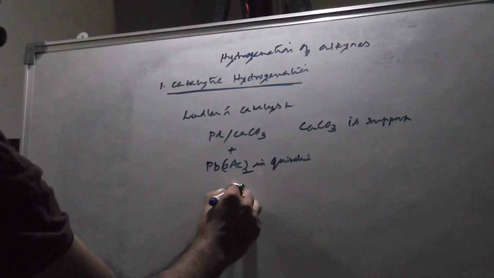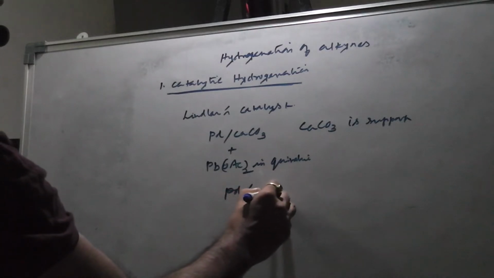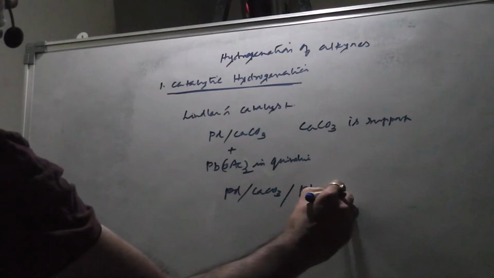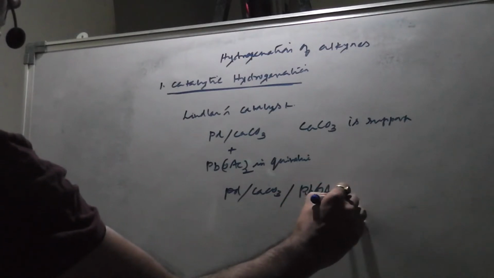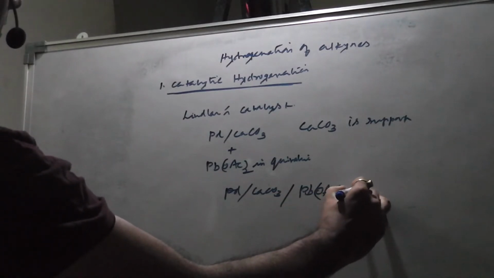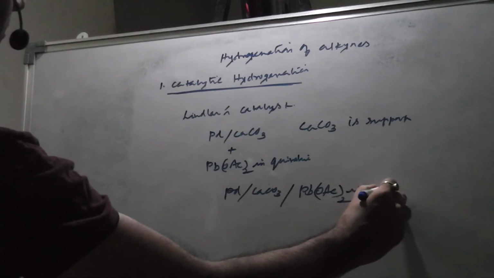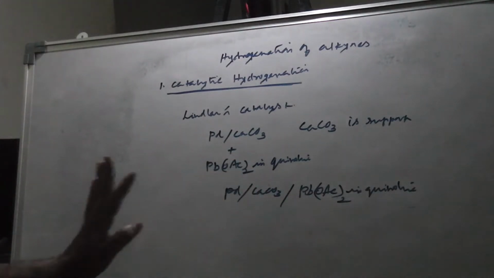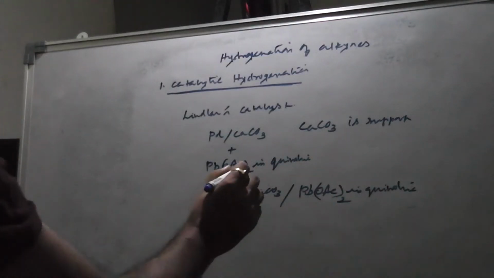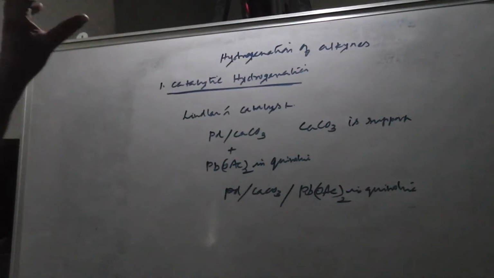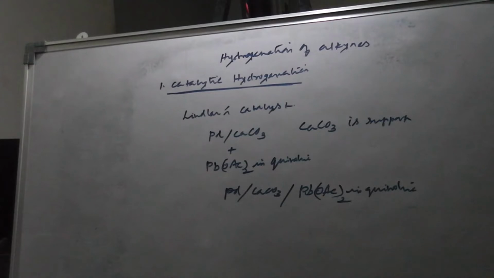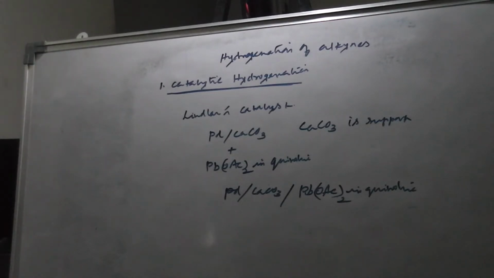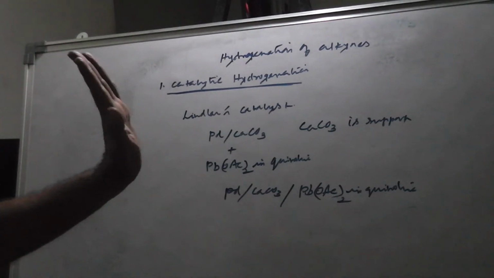So we will represent the catalyst like Pd/CaCO3, Pb(OAc)2 in quinoline, called Lindlar's catalyst. This particular poisoning will make the active catalyst reactivity suppressed, so that only up to the alkene stage the product will be isolated.